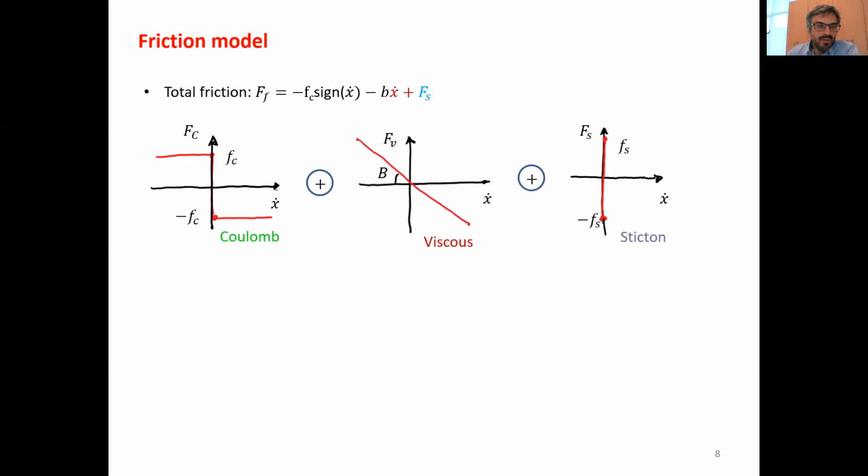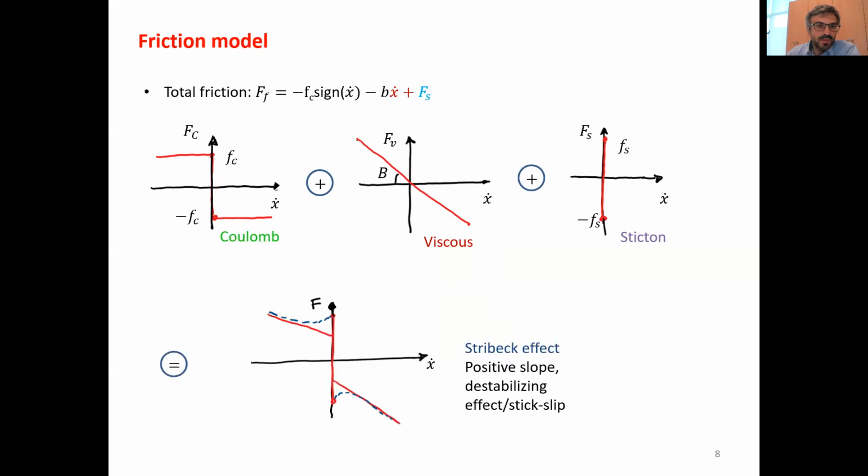Putting everything together, we have the total friction force composed by the Coulomb part, the viscous part, and the stiction part. We should underline that because of this different value of Fs and Coulomb force, we have a phenomenon called the Stribeck effect.